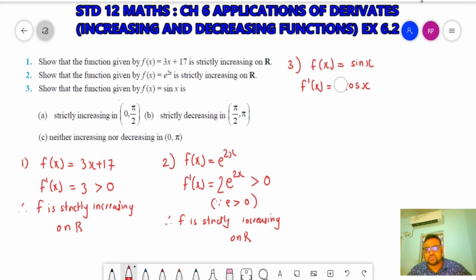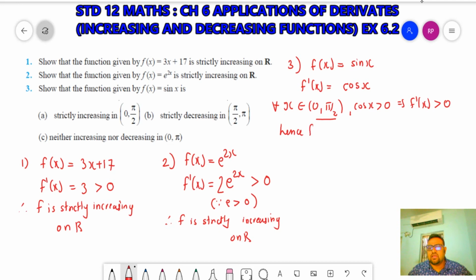Sorry, plus cos x. Now I can say that for every x belonging to 0 to pi by 2, that is the first quadrant, cos x is greater than 0. That implies f dash x is greater than 0 for this interval.